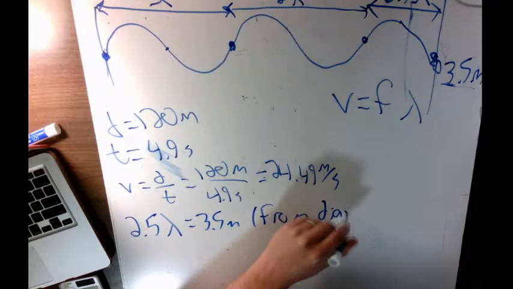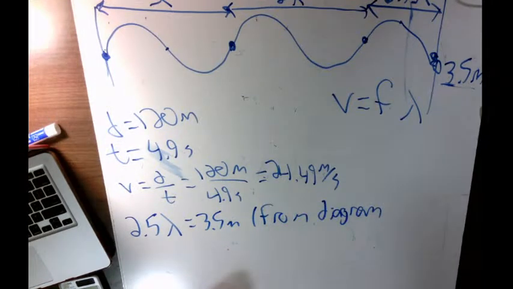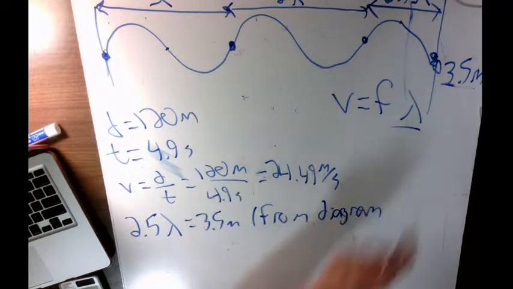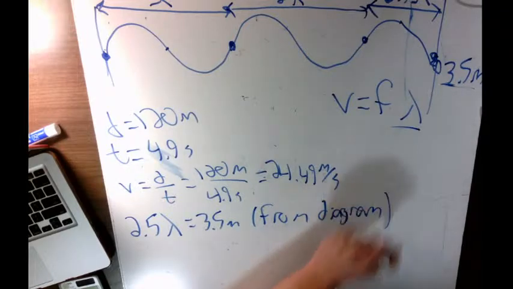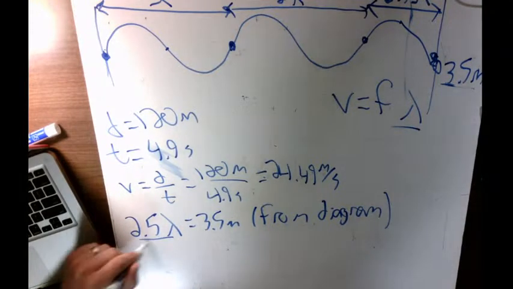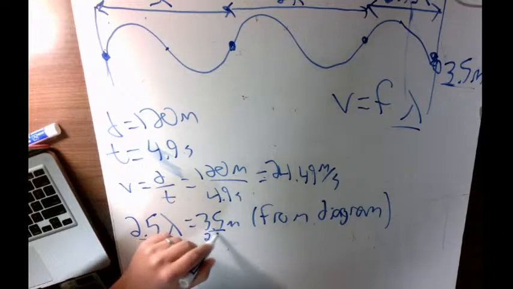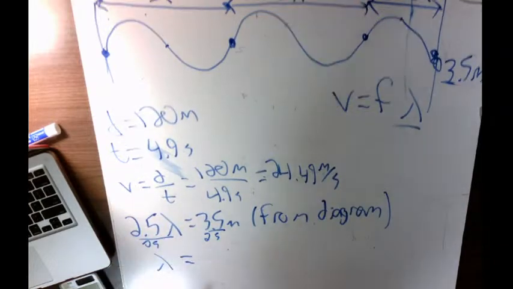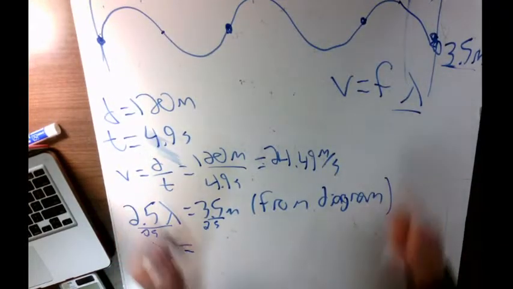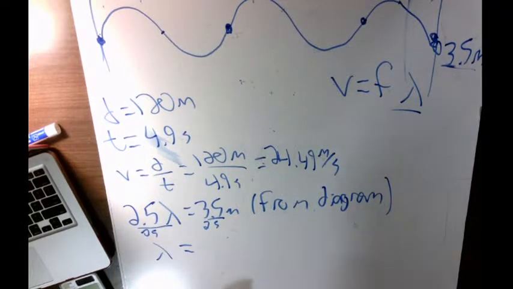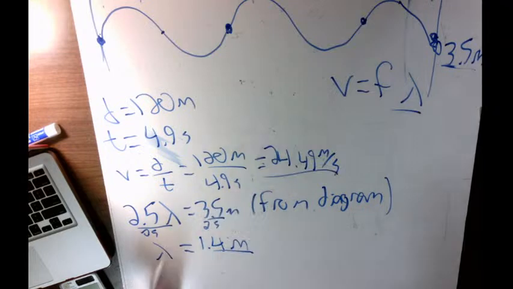We'll often have to get information about the wavelength from a diagram like this. It's an important skill. So if we divide both sides by 2.5, we get the wavelength. It doesn't even tell us what type of wave it is, but the wavelength of our wave shown in the diagram is 1.4 meters.